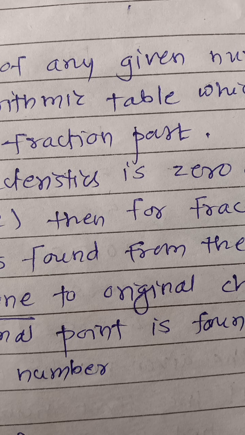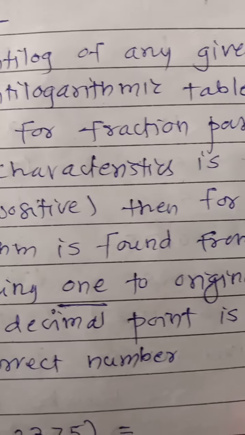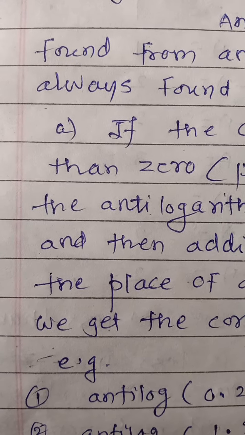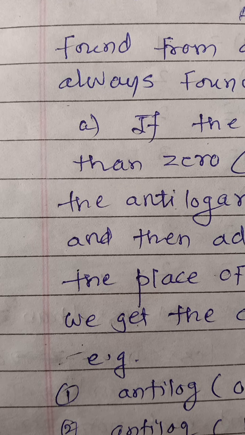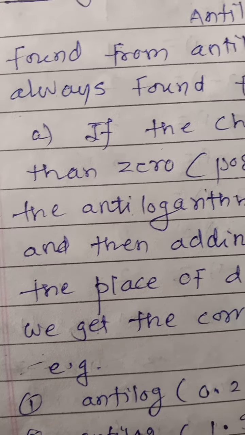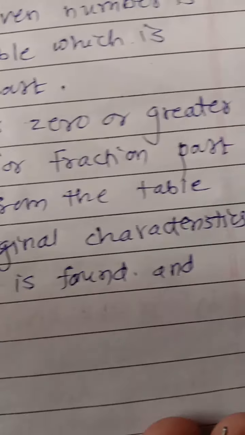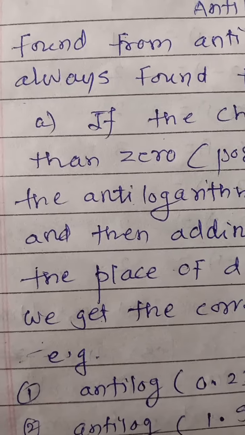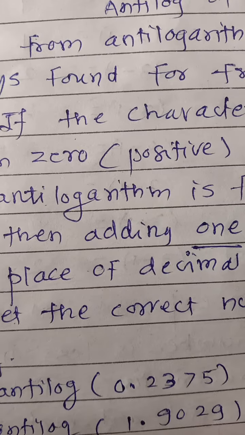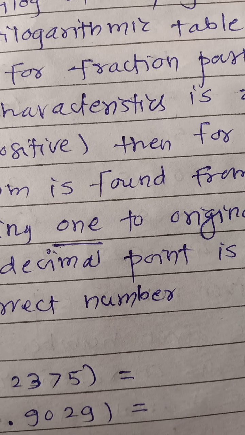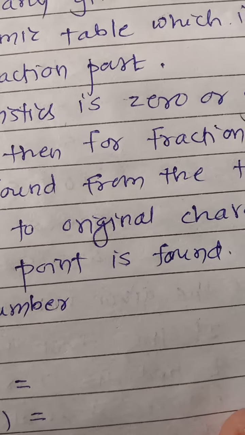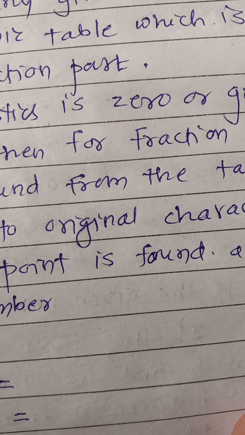Again it will be in the form of a fraction part, so let us consider the case where the characteristic is 0 or greater than 0, that is, the characteristic will be positive.